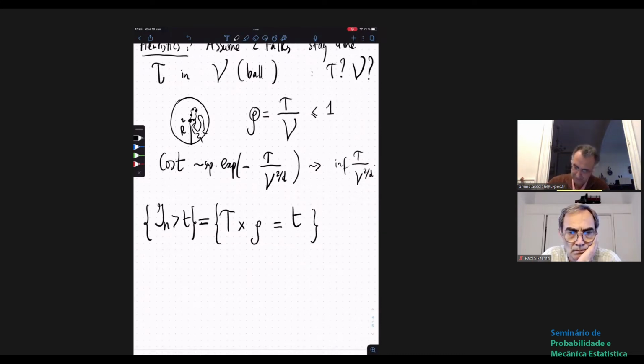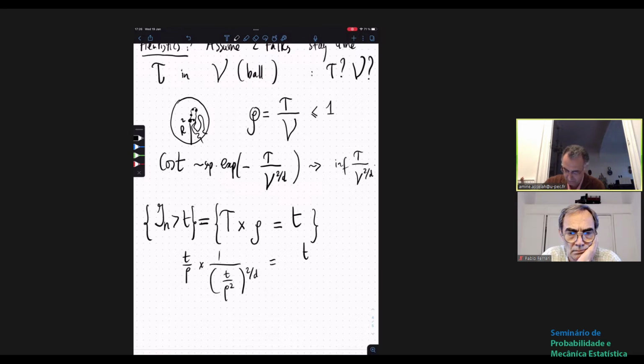And therefore tau is t over rho, and v is tau over rho, but tau is t over rho, so it's t over rho square to the 2 over d. So when you write that, you find that it's t to the 1 minus 2 over d, and you have rho to the 4 over d minus 1.